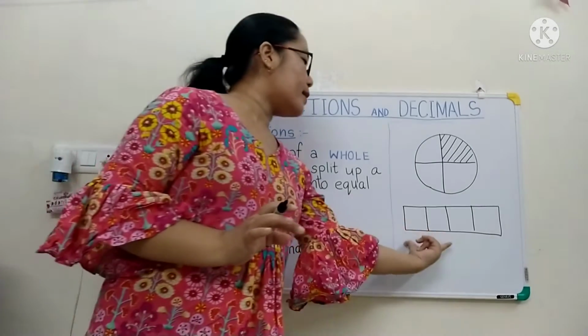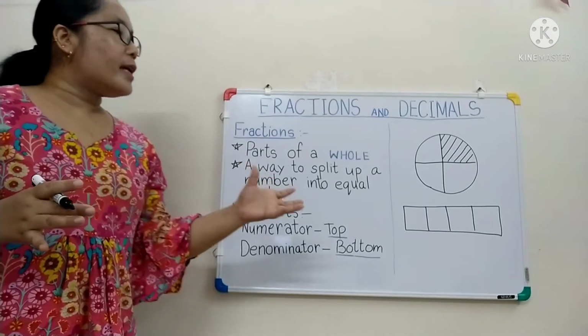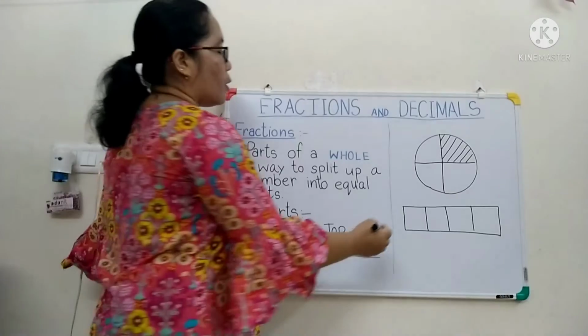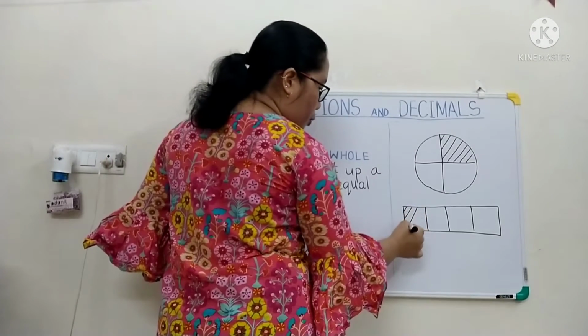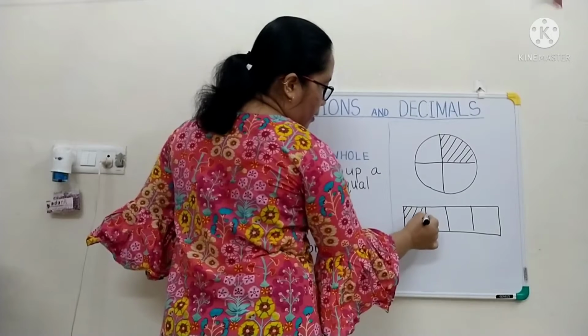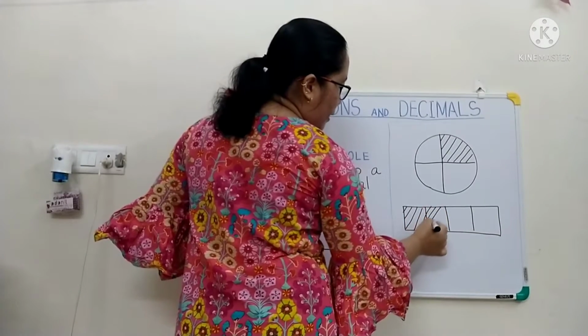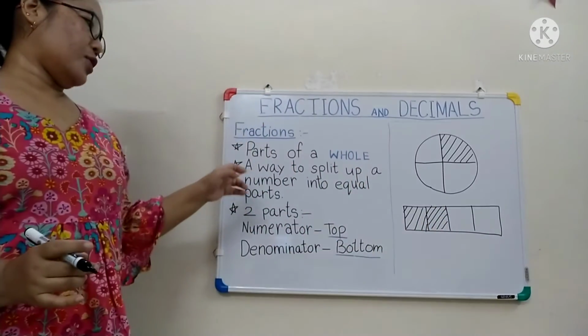Suppose we divide this whole rectangle equally into 4 parts. From these 4 parts we take, suppose, 2 portions. This concept we can show with the help of a fraction.